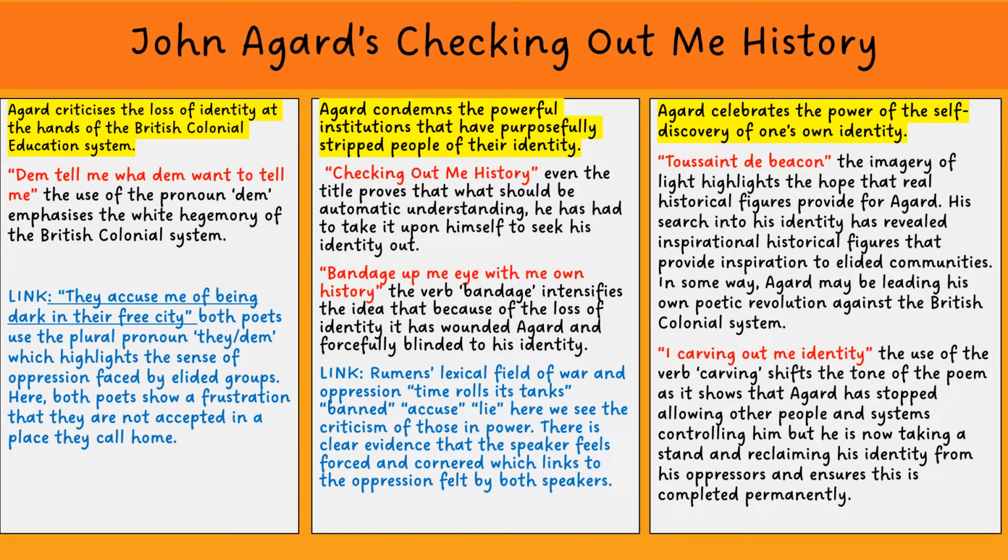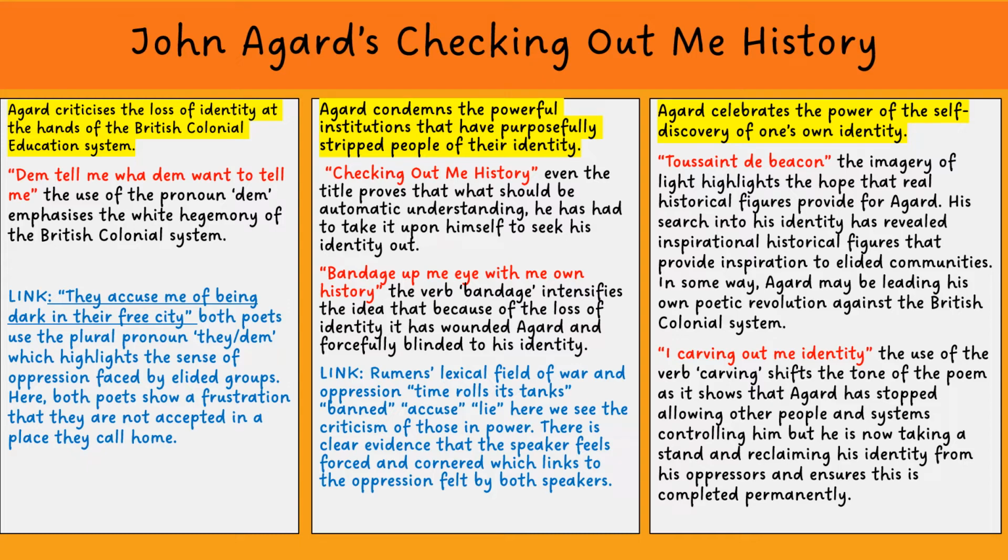So "dem" is "they" in the dialect. And this highlights the sense of oppression faced by marginalised groups, meaning groups that are ignored and missed out. Here, both poets show a frustration that they are not accepted in a place that they consider home.